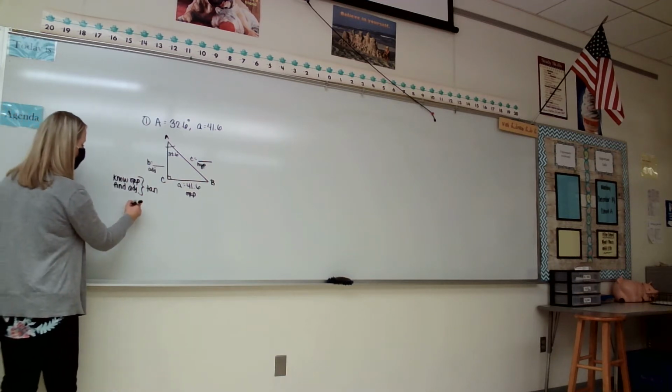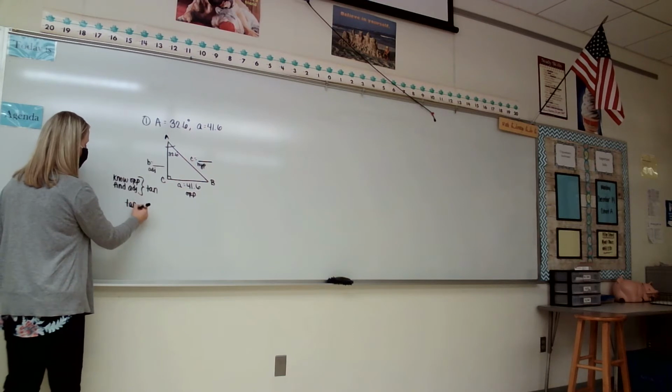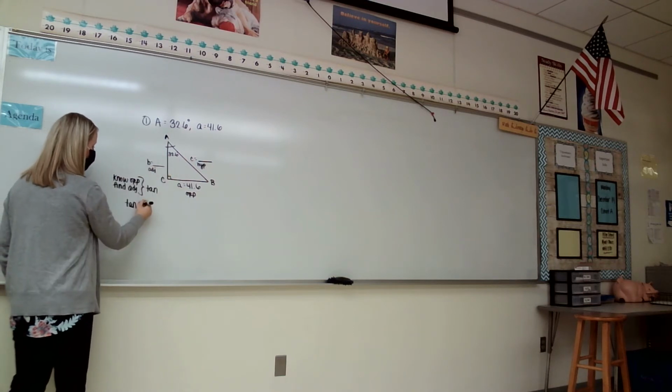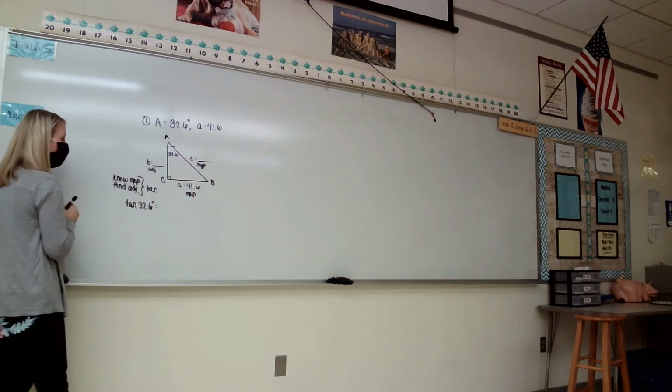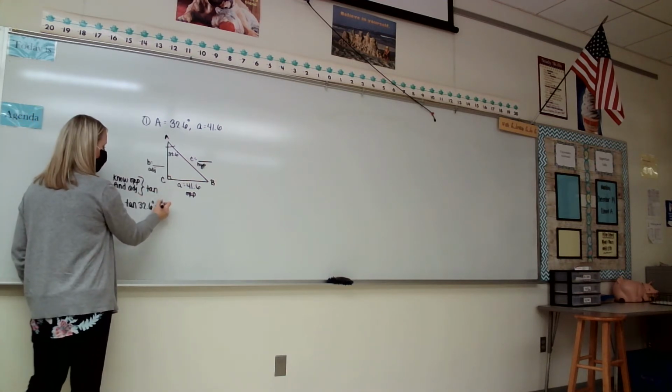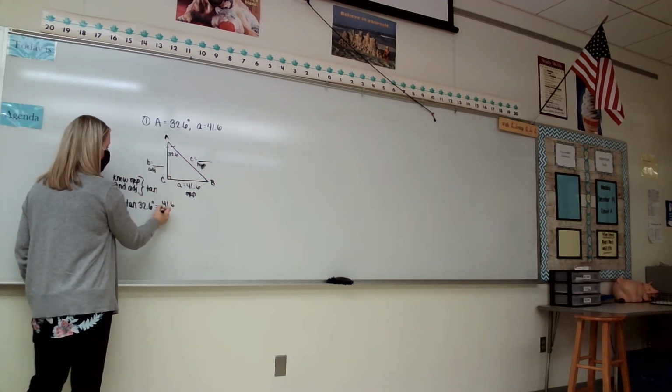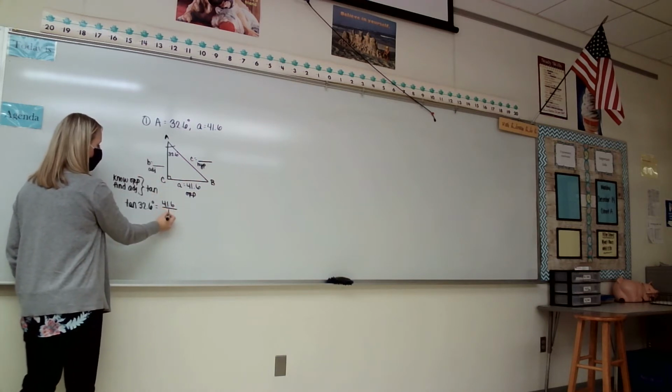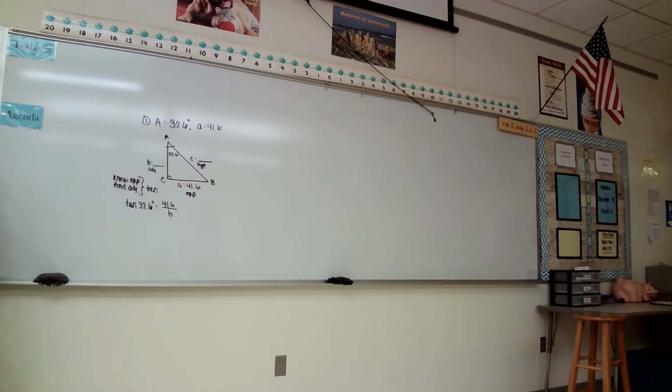My equation is going to be tangent of my angle, 32.6, equals opposite, which I know, over adjacent, which I'm going to call B, because we already labeled it based on that.